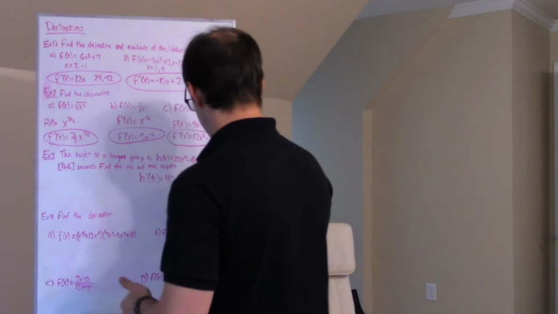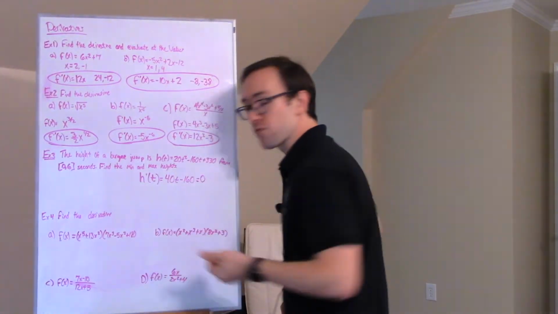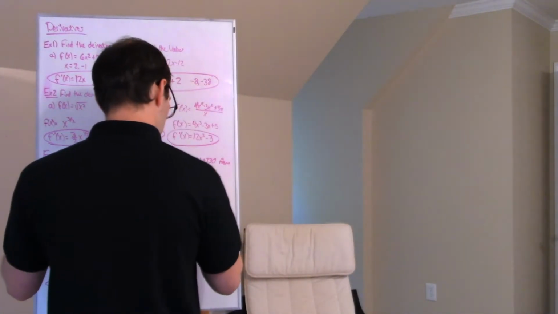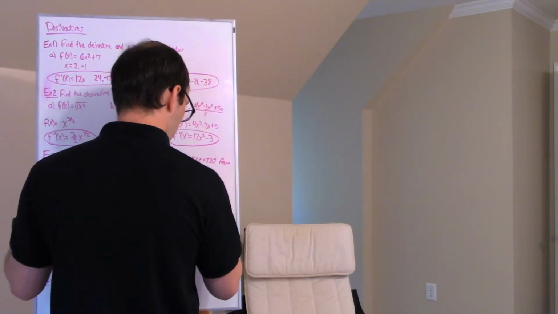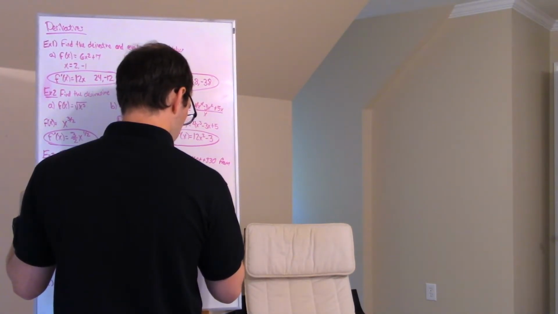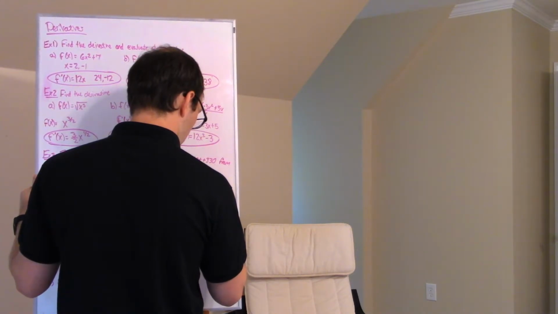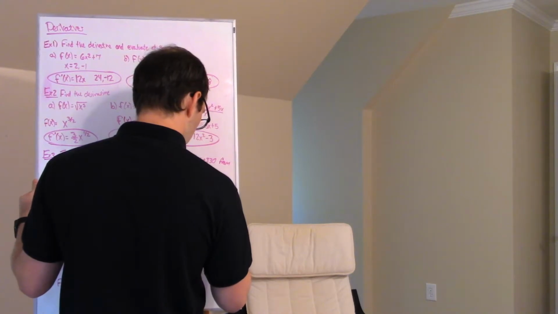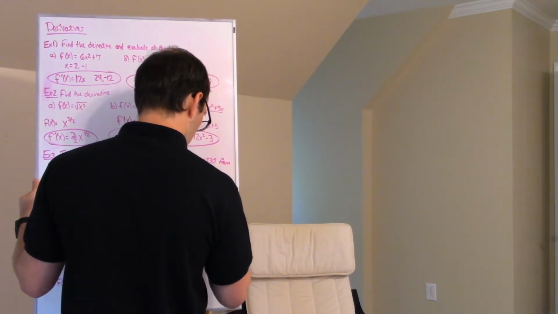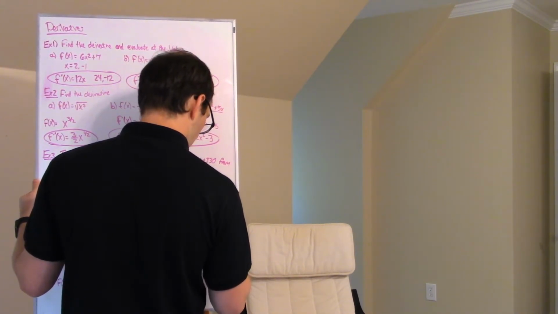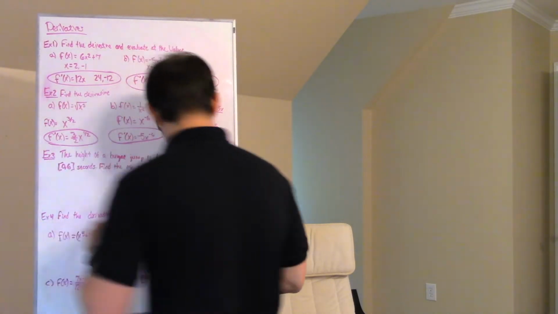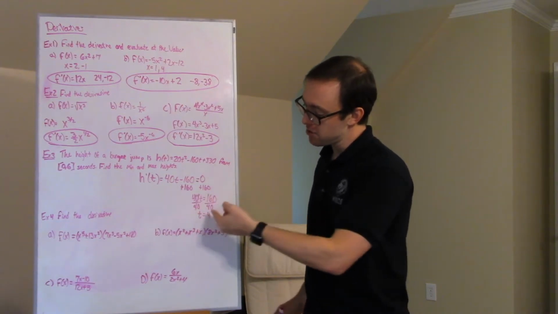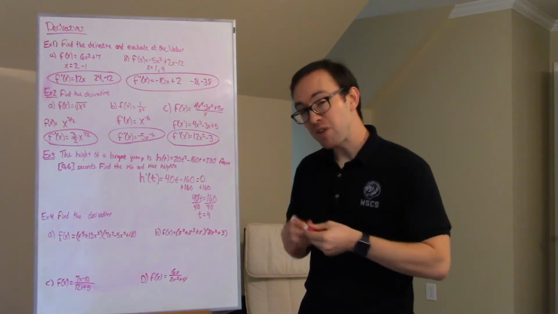So we're going to take that and set it equal to 0 and solve for t. So if you take 160, add it to the other side, and then divide by 40, you'll get t to be 4.